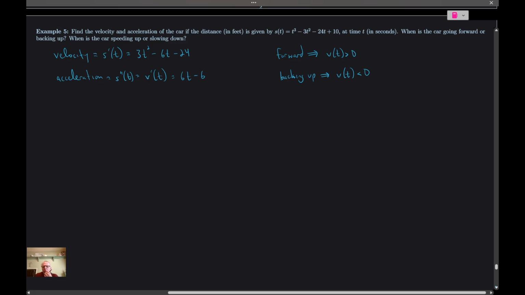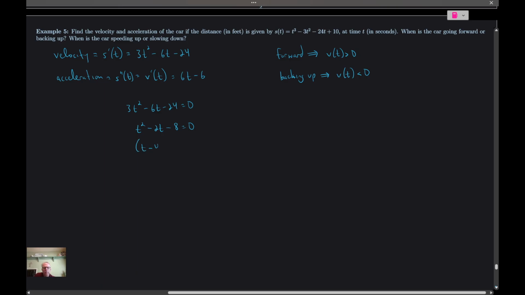All right, so let's see when v of t is negative. So let's set this equal to 0. So 3t squared minus 6t minus 24 equals 0. Let's figure out where it's 0, and then we can test our intervals. Let's divide out the 3. So we get t squared minus 2t minus 8 equals 0.